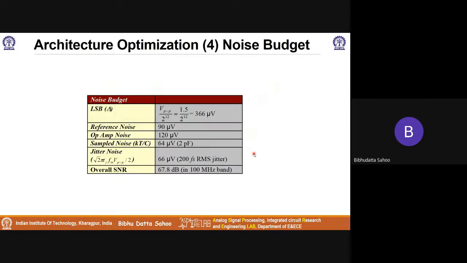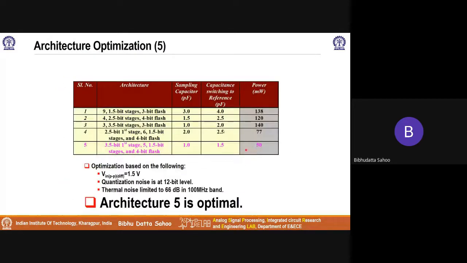Of course, I did not get into how I arrived at these numbers, this calculation. There is an Excel sheet. In tomorrow's class where I'm talking about noise analysis, that's where I'll go through this Excel sheet in more detail. But here I wanted to bring to your notice that we do all these things for really low power optimization, but this is done manually by hand.